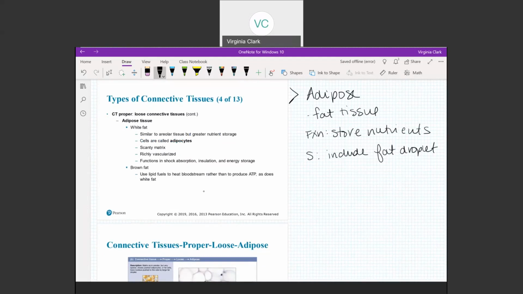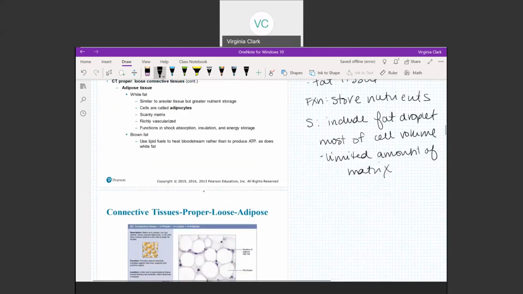This fat droplet will actually take up most of the cell volume. But it's going to be a very limited amount of matrix, so it's not quite going to be so fibery and ground substance. So that's the structure and the function.